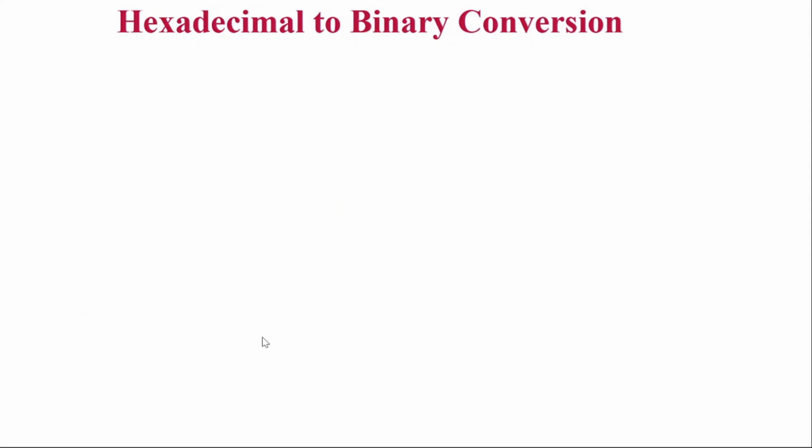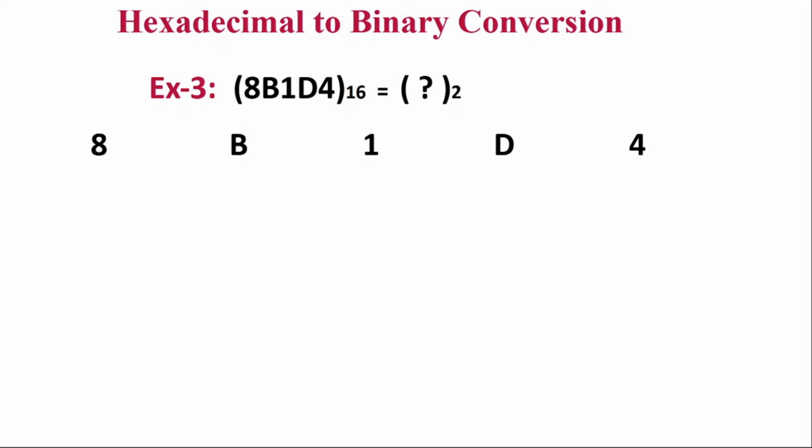Our next example 3. Here also we have to convert this hexadecimal number into binary, and in this case we also follow the same procedure, and following this procedure we can write this is the binary equivalent of 8.